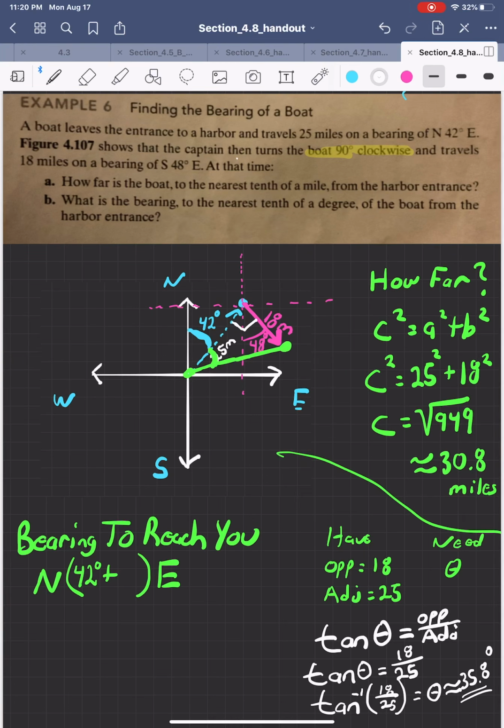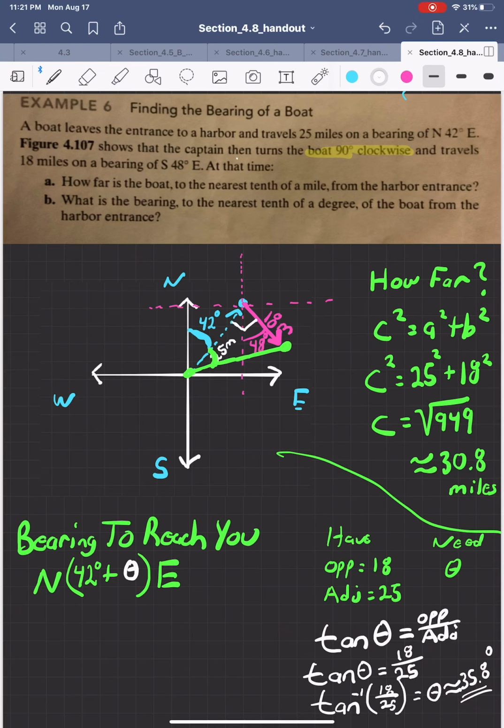All right. So we now know what to add to 42 degrees, because this was 42 degrees plus theta. The only thing we didn't know was this little angle here. Now we know it. Let's plug that in and give them the trajectory.